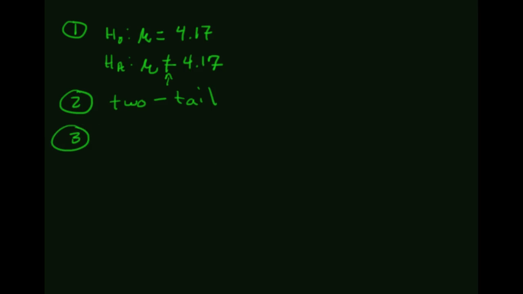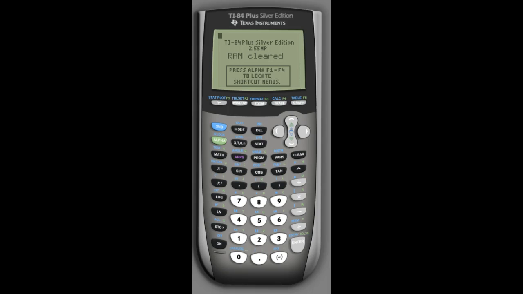So the third part is where we have to reach for the calculator. Remember that when you're making a statement about a mean, given the data, we're going to use a t interval. We go to the statistics.